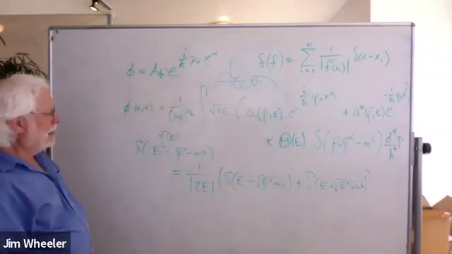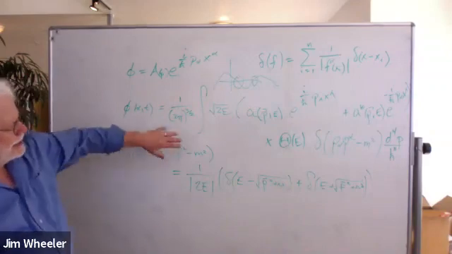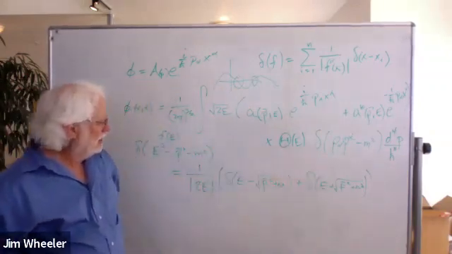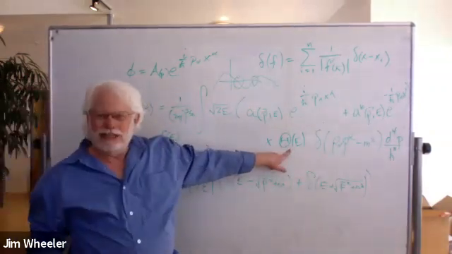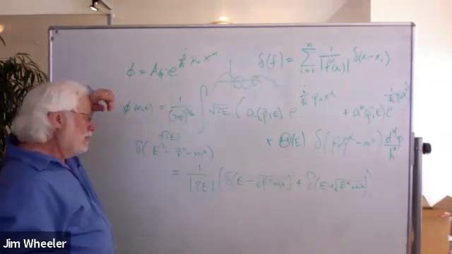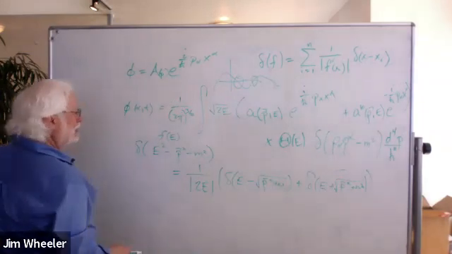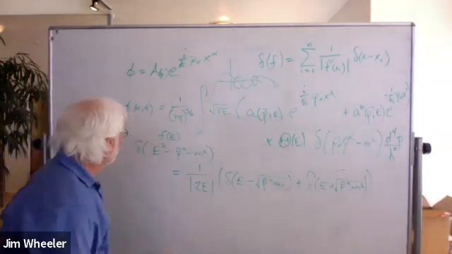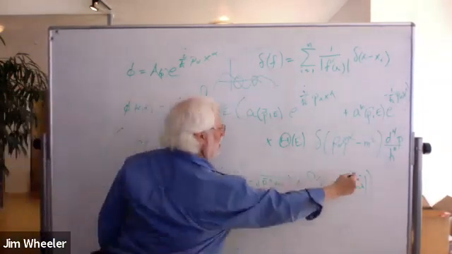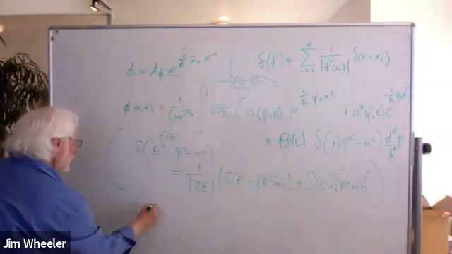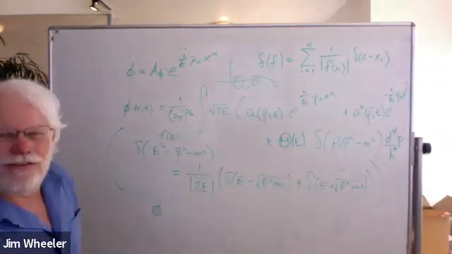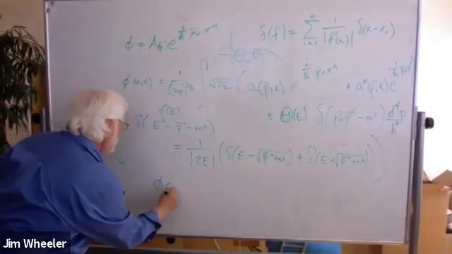And now when I substitute this into this equation, use the energy step function to eliminate that and eliminate the square root values.